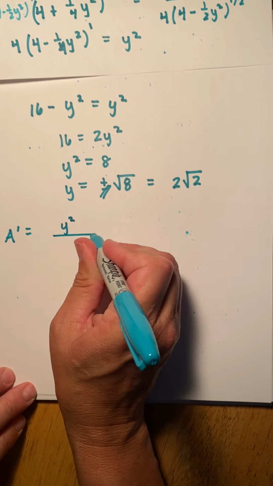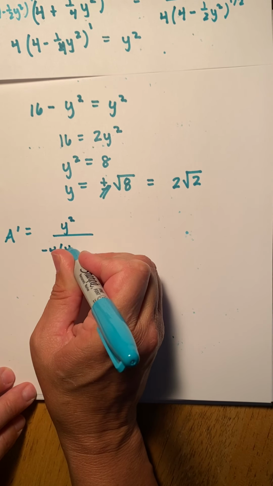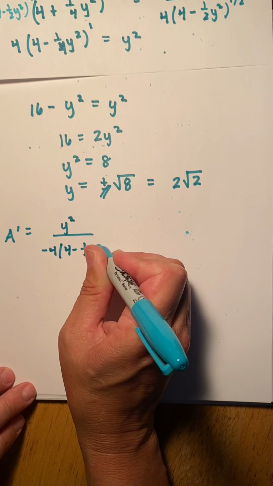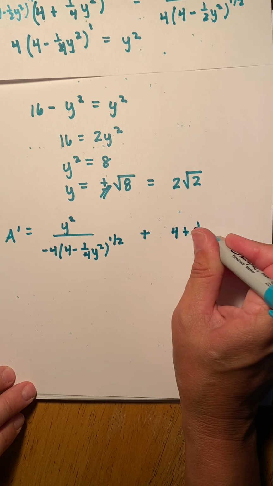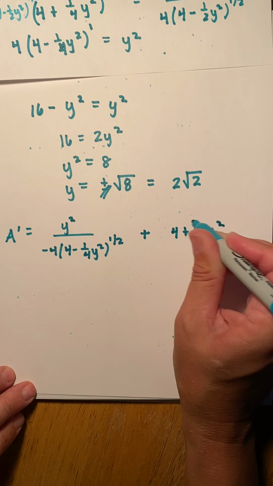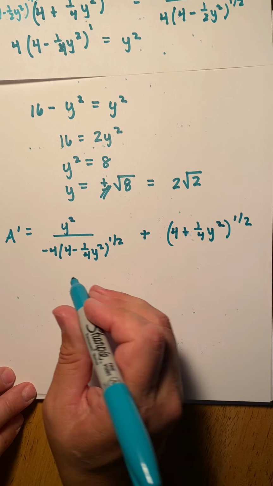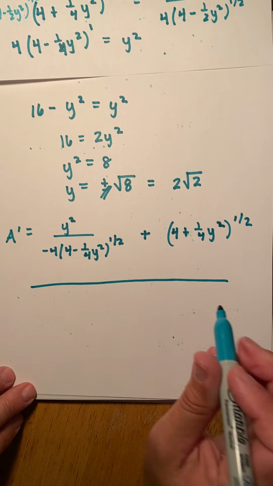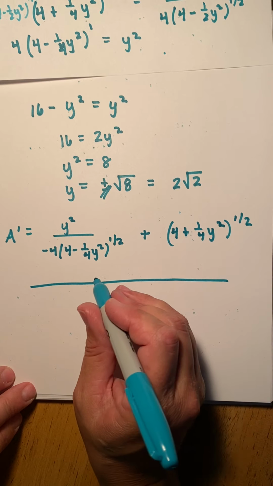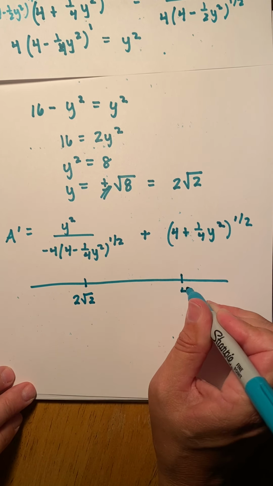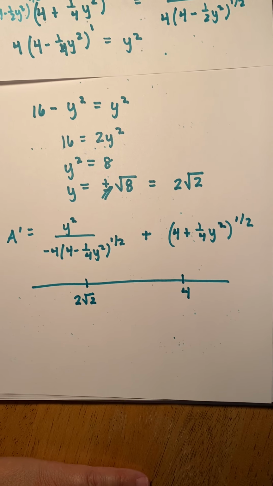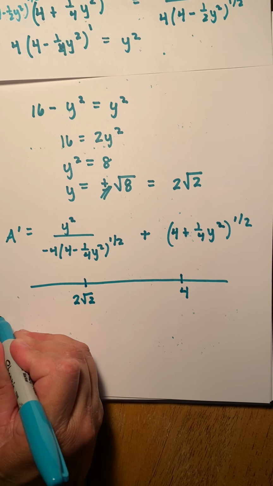Let's do y squared over negative 4 minus 1/4 y squared to the 1/2 plus 4 plus 1/4 y squared to the 1/2, right? We are going to do 2 square root of 2. Right, we know it's not going to be 4, so we're going to check the derivative.